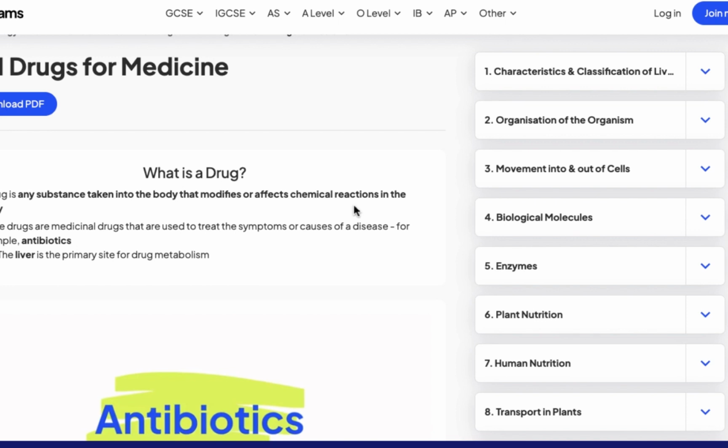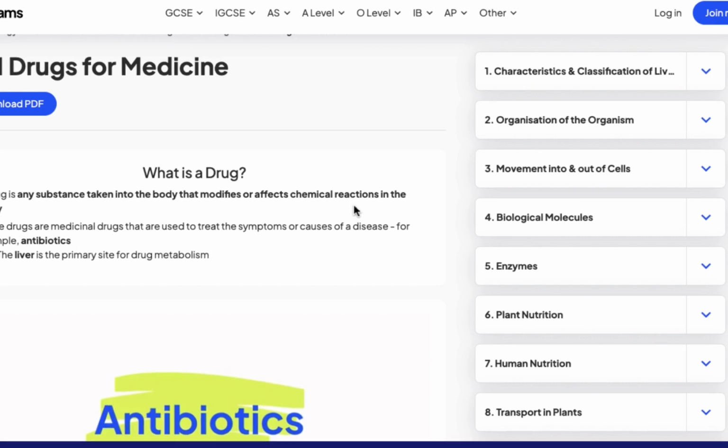For the good cause, they're like the ones we use to boost our immune system, like antibiotics. For the bad cause is the one that modifies your chemical or metabolic reactions in your body and causes you to have other side effects like depression, stimulants, and makes you dizzy, drowsy, and makes you high.